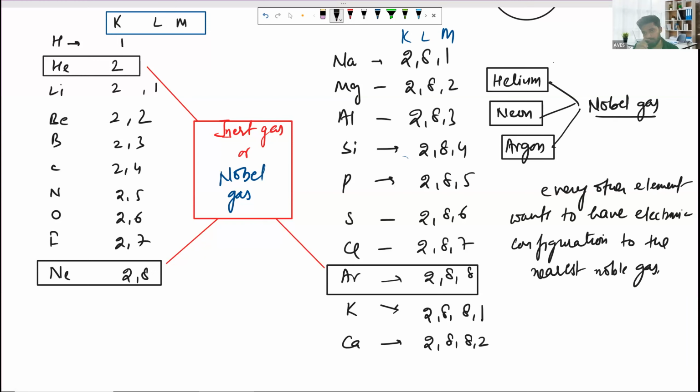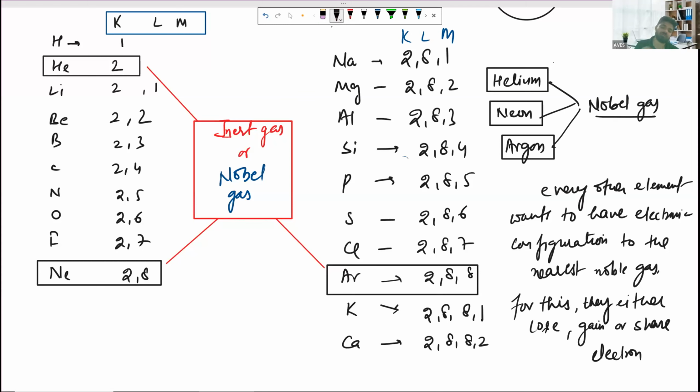For this, they either lose electrons, gain electrons, or share electrons.